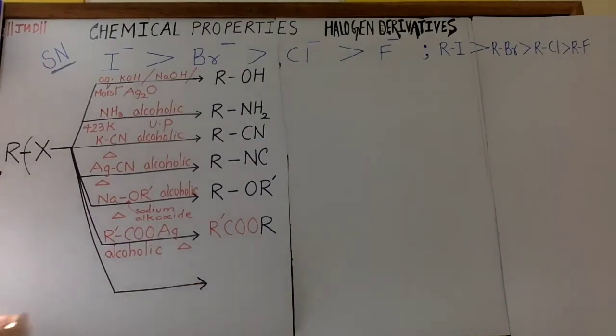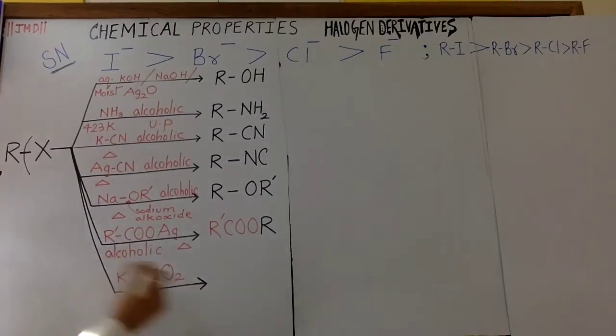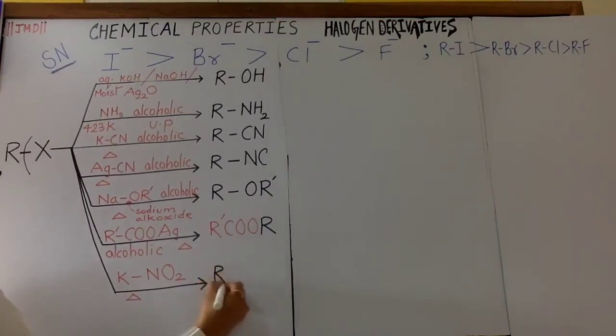The alkyl halide can also be treated with KNO2, heat. As a result, we get RONO.